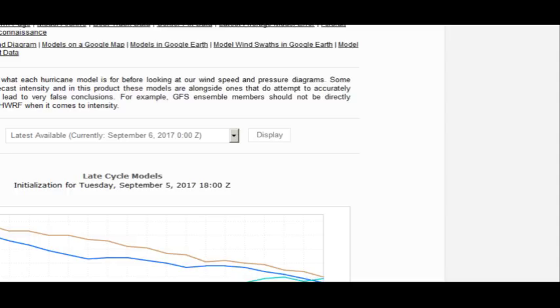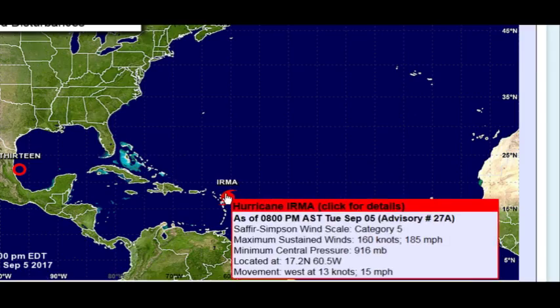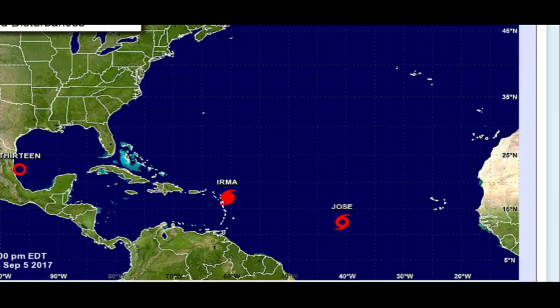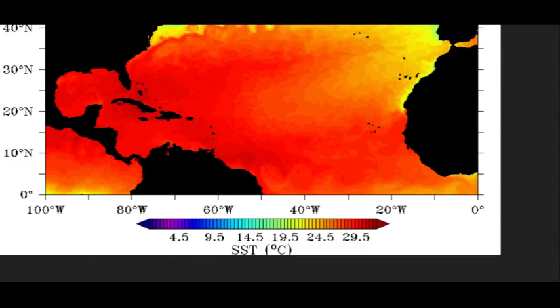Let me move this tab over to the left here. Okay, so at this time we've got central pressure there, 916 millibars, so anything under 920 is going to be in the category 5 range.